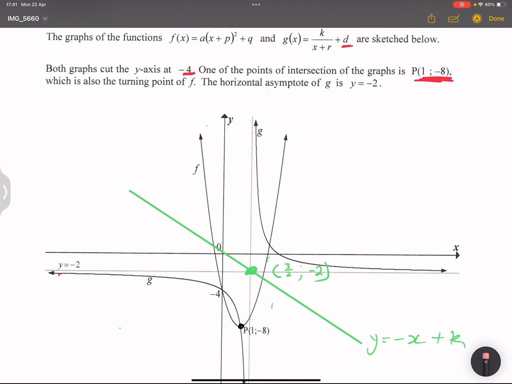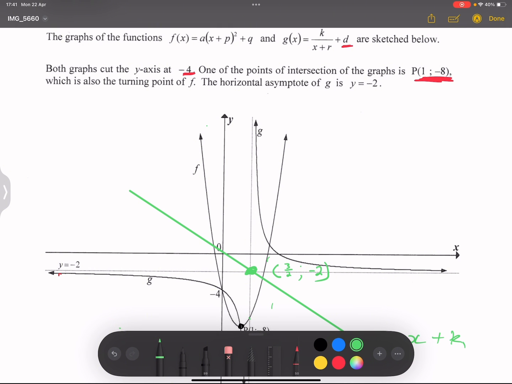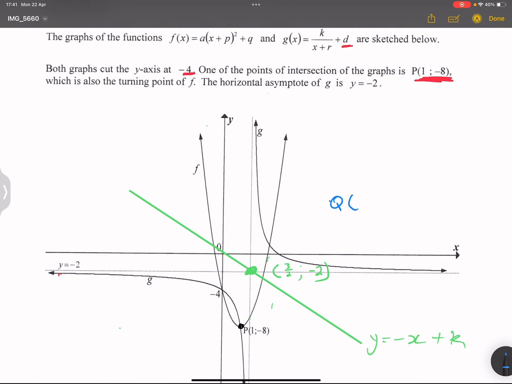So usually, ladies and gents, this is how I would have looked at it. If it was the line y is equal to minus x, what would have been the point Q? Now, please remember this, right? My point Q would have been a point such that, now note, because it is minus x, I would swap the points around.